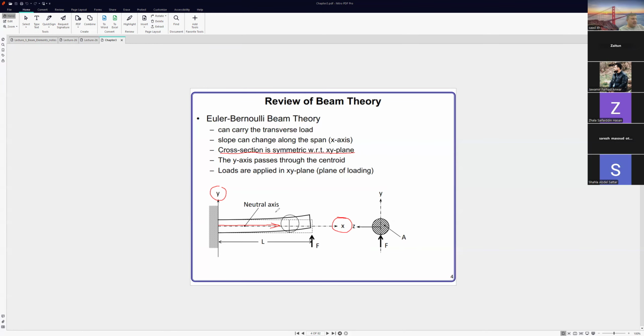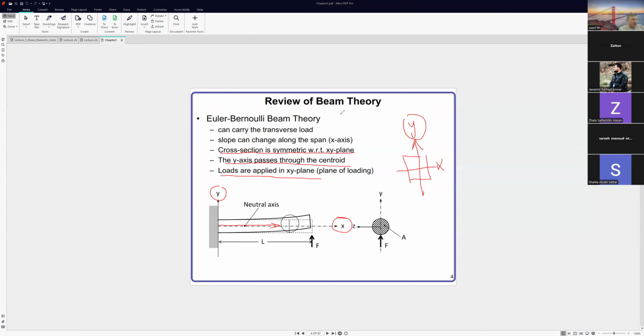The cross-section is symmetric. This means if we have any section, it should remain symmetric before and after loading. So the y-axis passes through the centroid. This is the y, this is the x. Also, the loads are applied in the xy plane.